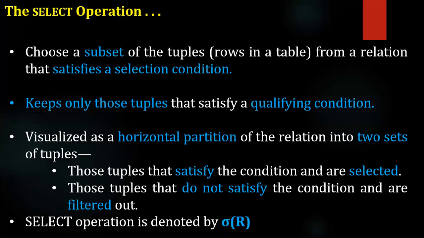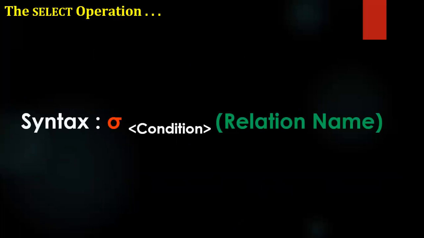The select operation is denoted with the symbol sigma, applied to a relation R. The syntax of the select operation is the symbol sigma, then the selection condition, then the name of the relation.